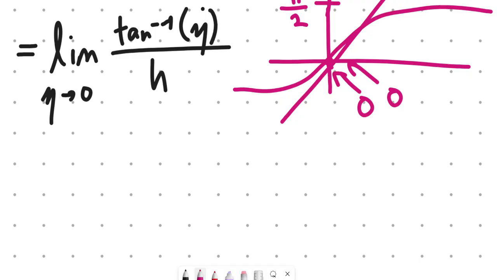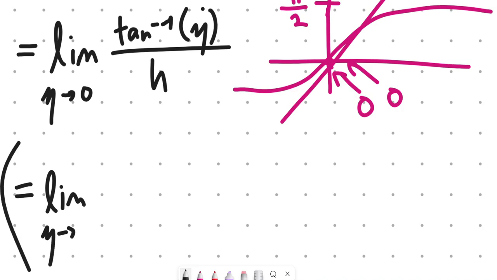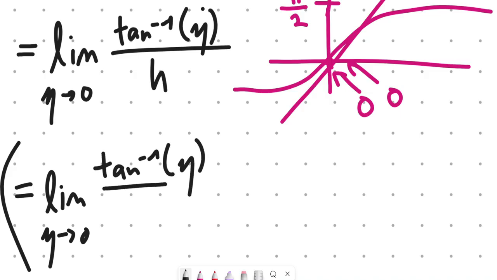So if we would have the limit as eta approaches 0 of the inverse tangent of eta divided by eta, we can take the derivative on both sides of the fraction, since we have L'Hopital's rule.